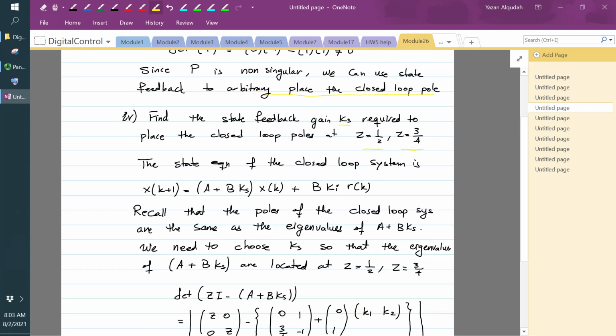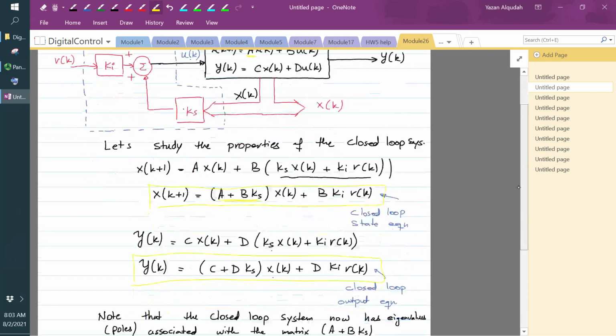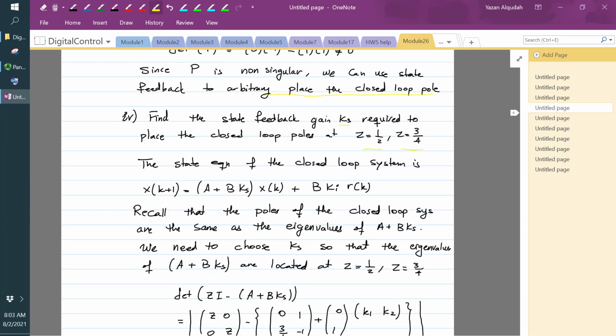Okay, so we're going to go back to the state equations that we developed at the beginning. Therefore x of k plus 1 is equal to (A plus B multiplied by Ks) x of k plus B multiplied by Ki r of k.